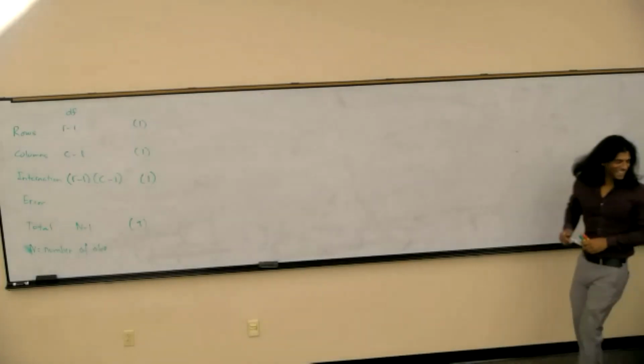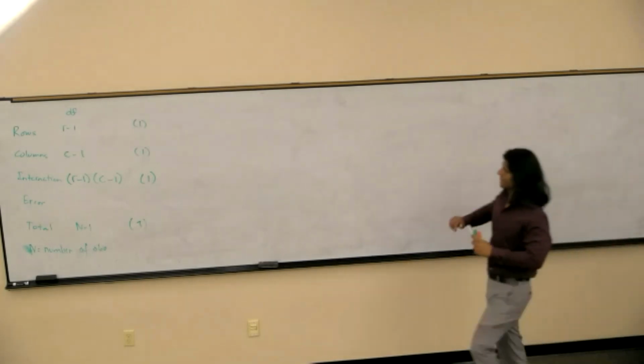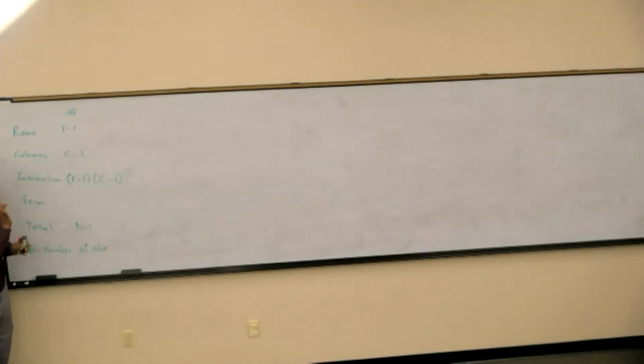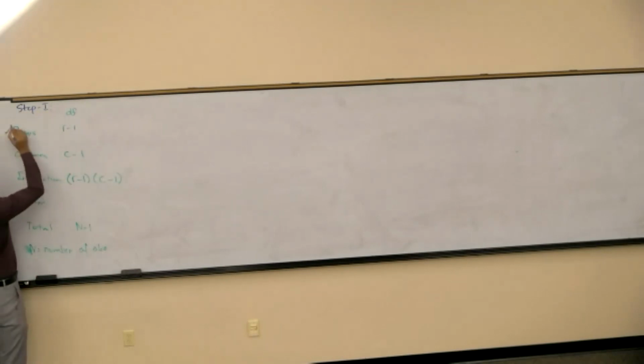I'm going to summarize. This is the process. If you want to do it using the calculator, I strongly recommend that. Step 1, write down the DFs, most important part. So this is easy.